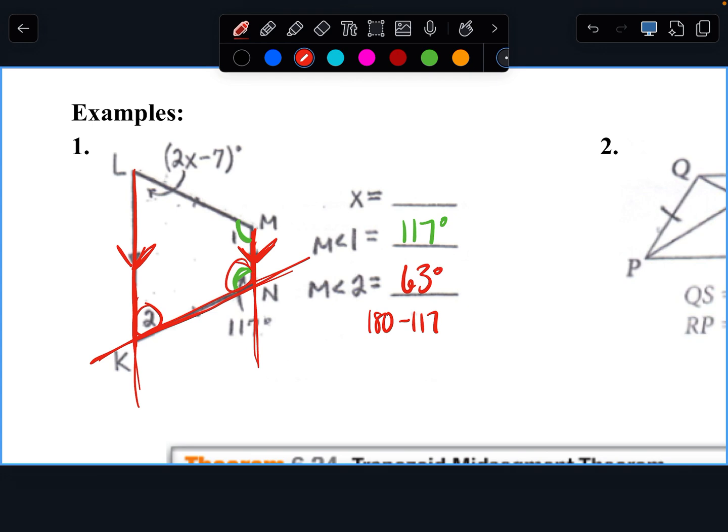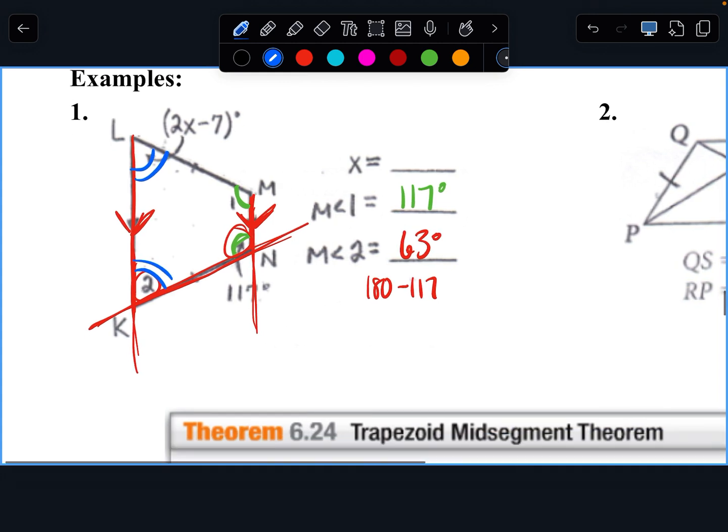Okay, and then I did the X stuff. But it doesn't have to go in that order. In order to find this thing, you could add it with 117 and set it equal to 180 if you wanted. I just personally think it's easier to set these two equal, but there's all the different ways. So it's whatever speaks to you. And then you would set that to 63.